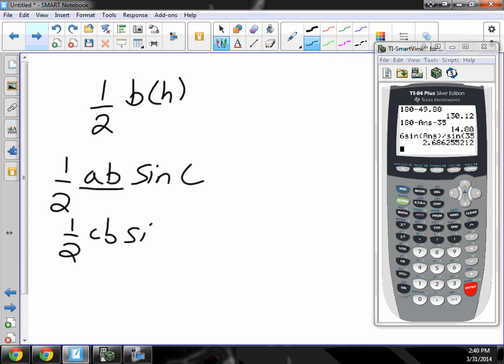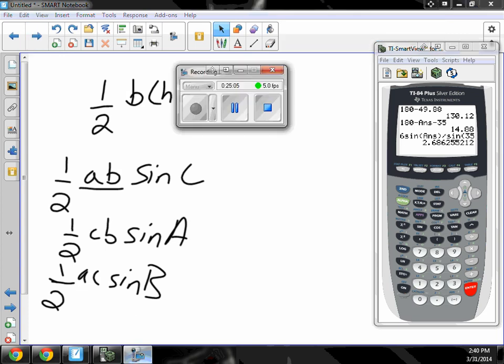CB sine of A is one version. What's the other version? AC sine of B. So those last four problems are really easy. You just do the two sides multiplied together, divided by 2, and then the sine of the angle between them. Okay? You should be able to get most of this done before class ends. Good luck.